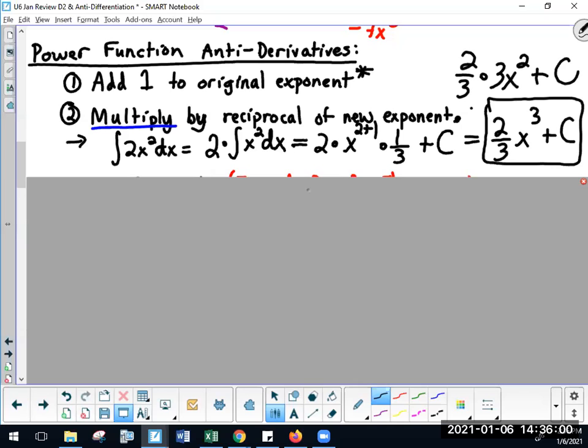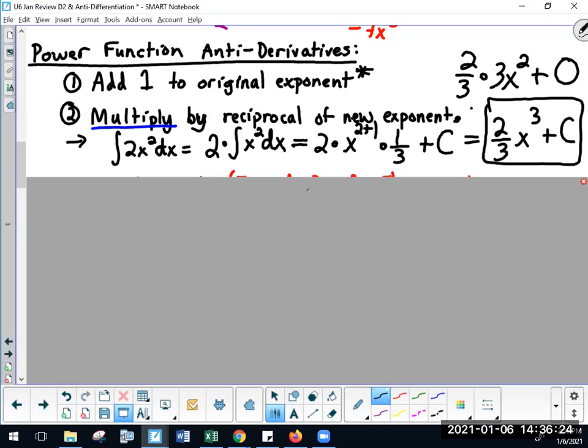Remember, c is a constant, and that is 0. And then you simplify. 2/3 times 3 is 6/3, which is 2x squared, plus 0 is 2x squared. And then I compare 2x squared to my original. Is 2x squared the same thing as 2x squared? Yes, it is. Therefore, I have performed the power function anti-differentiation technique correctly.